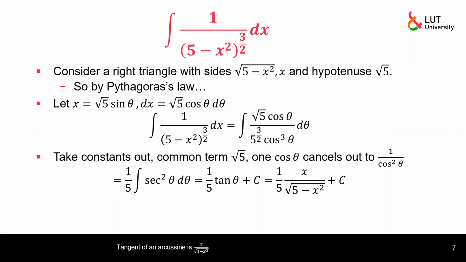We can take the constant out, so the square root of 5 divided by the square root of 5 to the power of 3 becomes just 1/5, and this cosine theta divided by cosine cubed theta becomes 1 over cosine squared theta, which is secant squared theta.